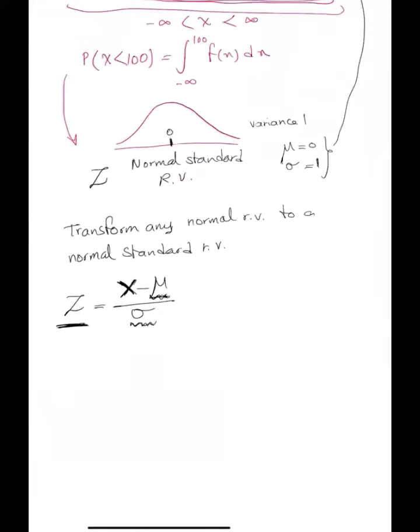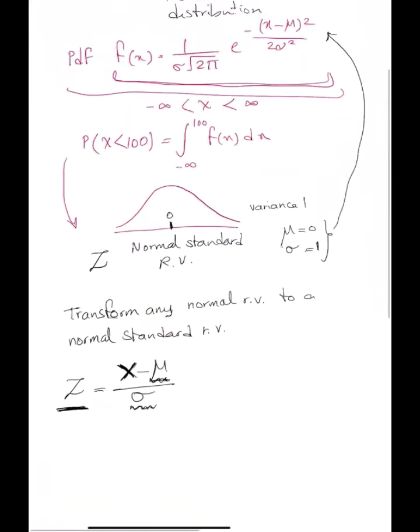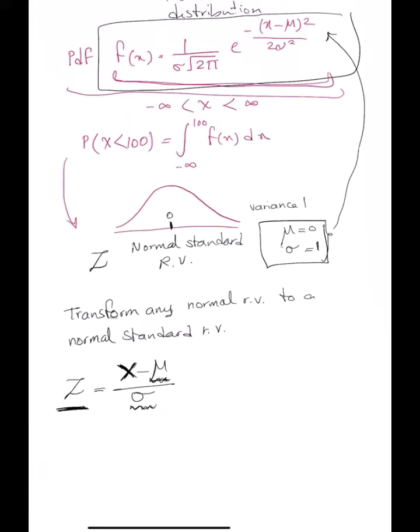And then for the normal standard random variables, the integral of this function after we put mu equal to 0 and sigma equal to 1, these integrals have been calculated already, and the values of those integrals are already in a table. That's the Z table that you have looked at in the videos so far.